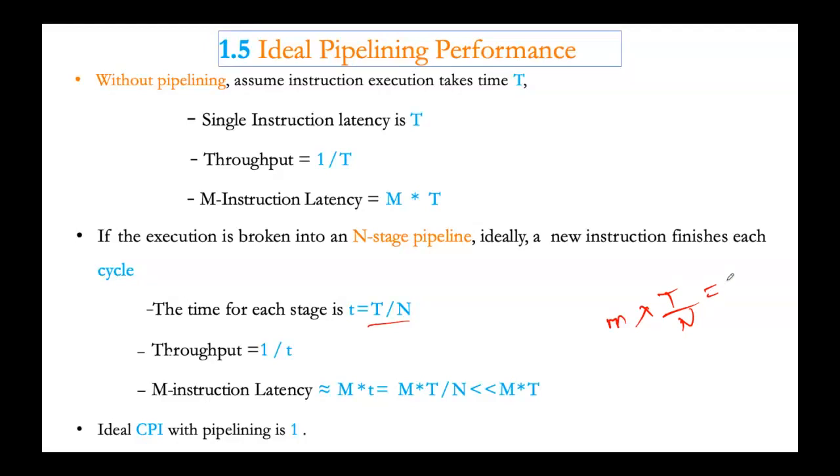So that is m multiplied by t divided by n. This is the ideal pipeline performance, which is always less than the non-pipelining time. In an n-stage pipeline, the CPI, cycles per instruction with pipelining, is 1.